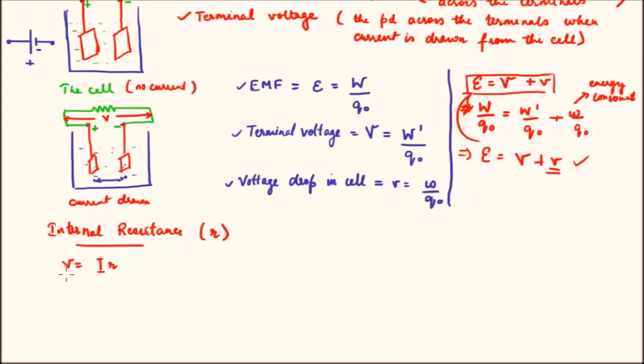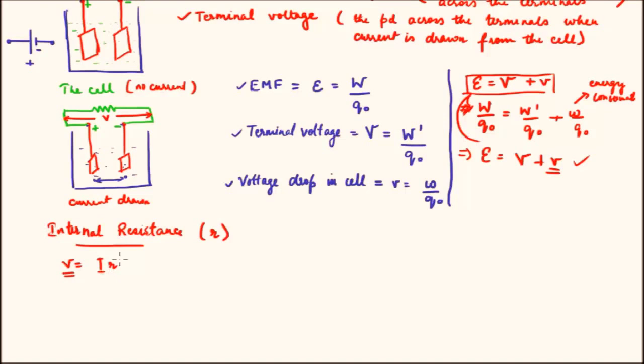Therefore my internal potential drop, that is the voltage drop within the cell, is current times the internal resistance. Therefore what we see is more is the current drawn from the cell, more is the potential drop inside the cell, isn't it? Because the resistance needs to be consistent.